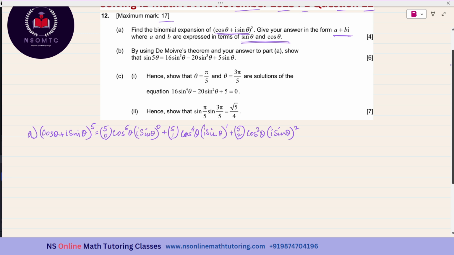The first term's power goes on decreasing and the second term's power goes on increasing.